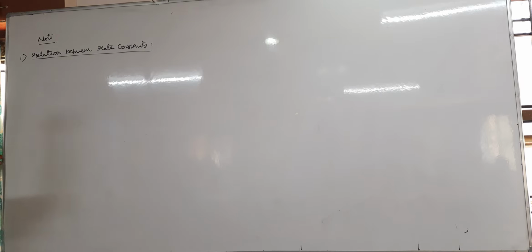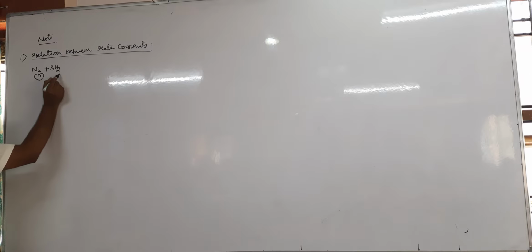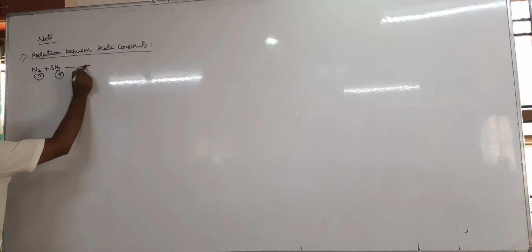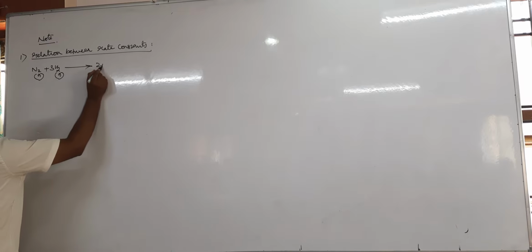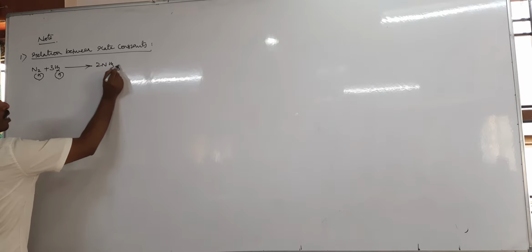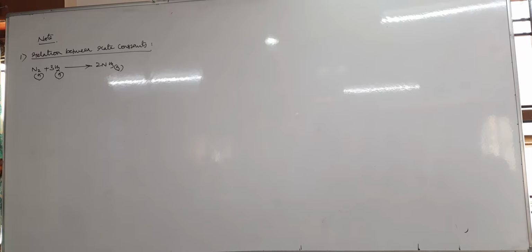So let us take a reaction: N2 gas plus 3H2 gas gives rise to 2 ammonia gas. Can you tell me what is the rate in terms of reaction stoichiometry for this?